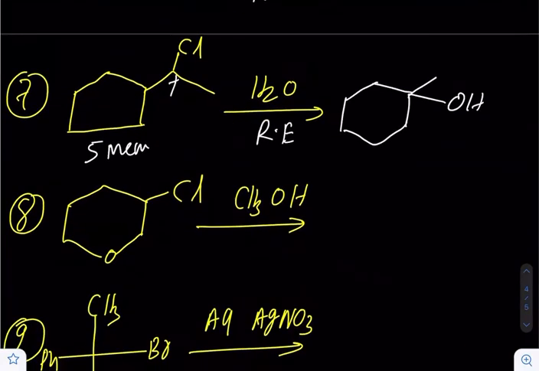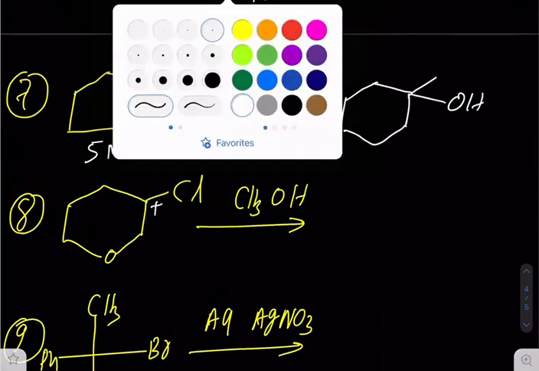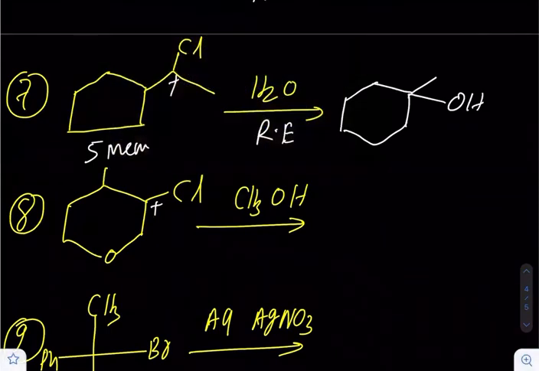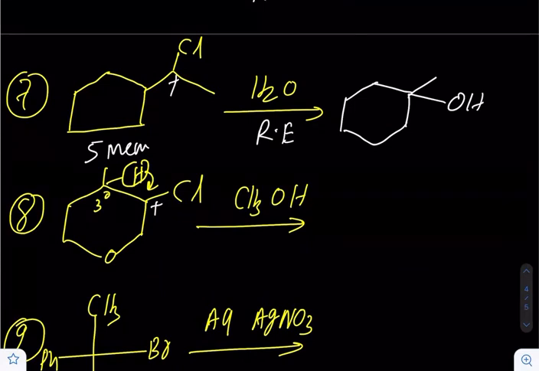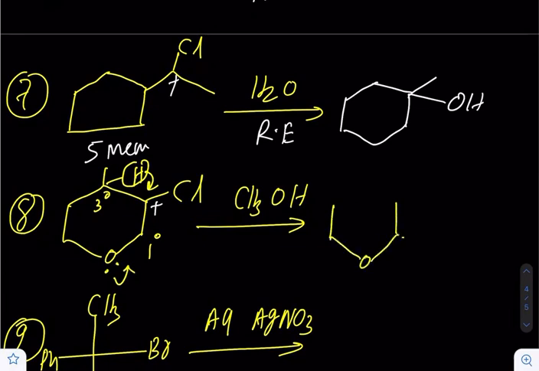In the 8th question, we have a carbocation. In this case, if here is a methyl group also, and the hydride shifts in that direction, then we will have a tertiary carbocation. But in this case, we will have a primary carbocation with resonance. So in this case, this type of rearrangement is possible.